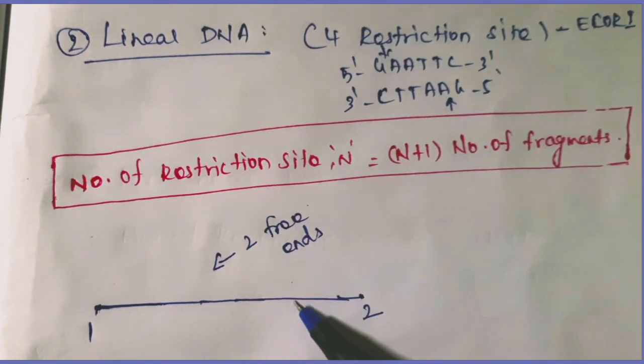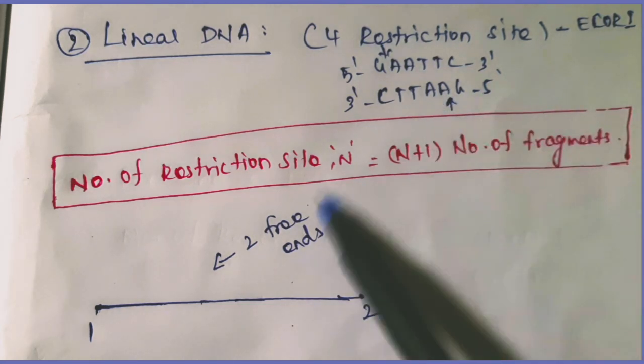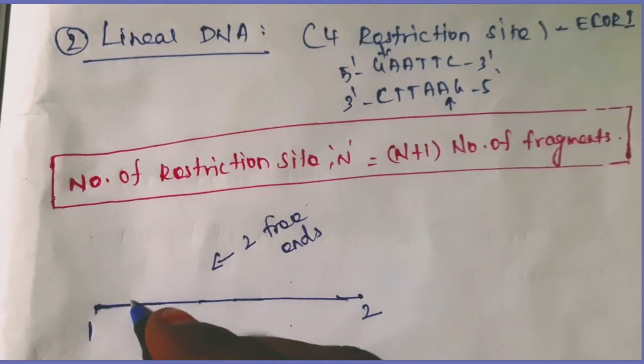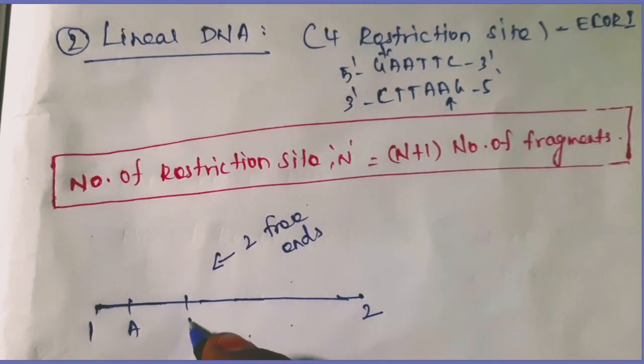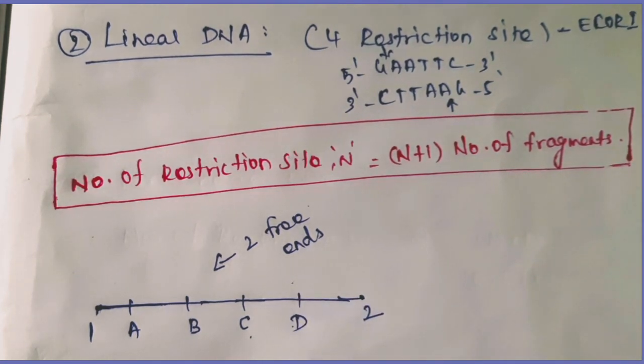So we are going to digest this linear DNA with the EcoRI restriction enzyme, and this linear DNA has 4 restriction sites. So the cuts will be A, B, then the third cut is C, and the fourth cut is D. The fragments formed are 1A, AB, BC, CD, then D2.